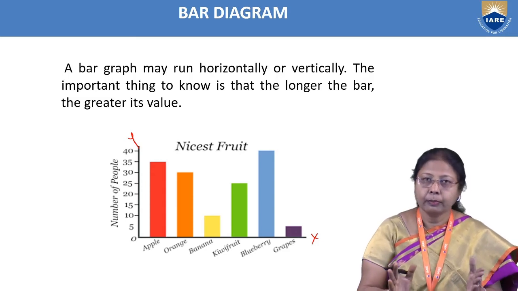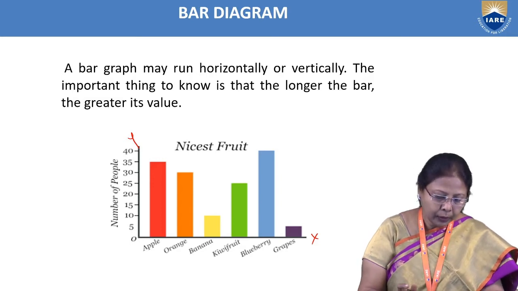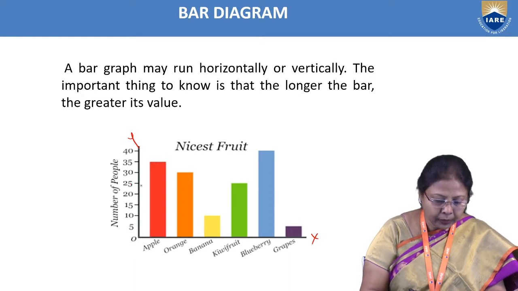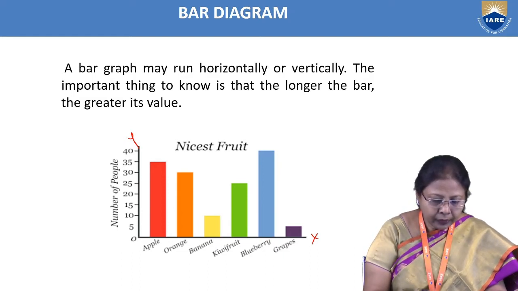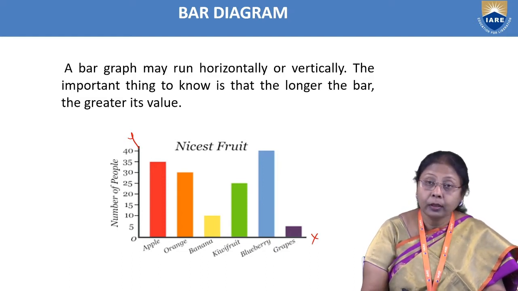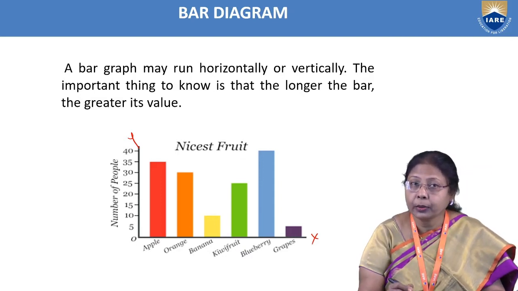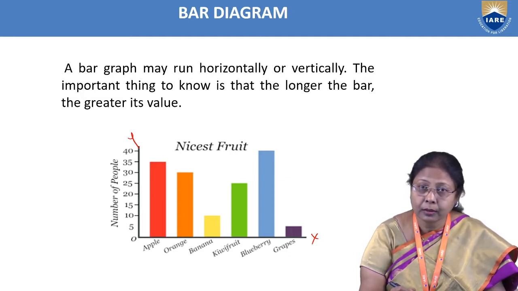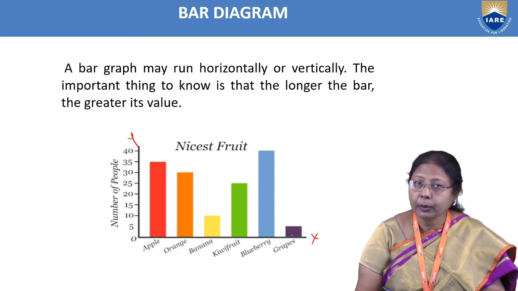In this bar diagram, I have shown 35% of the people will consume apples, 30% will take orange, 10% go with bananas, 25% go with kiwi fruit, and blueberry has much more demand: 40% of the people will go for blueberry, which has medicinal values. Then grapes, very few people will take, like 5% of the people.